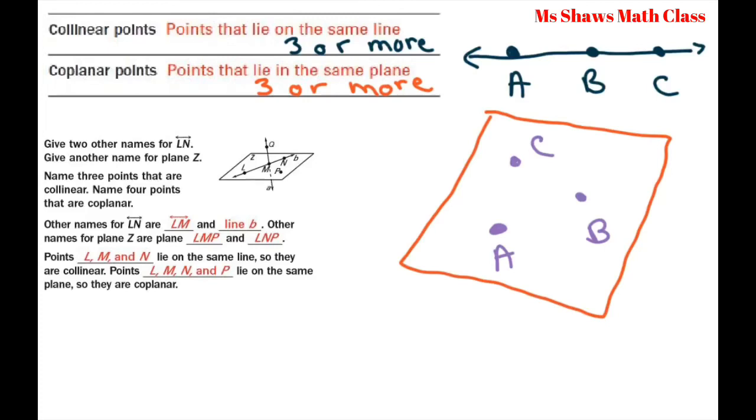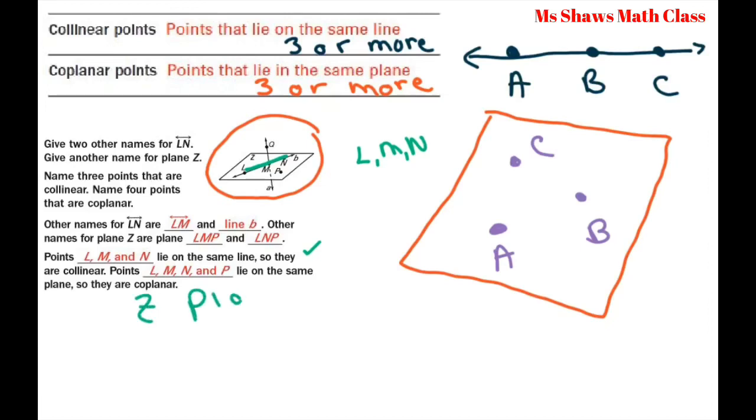If we look at this figure here, our colinear points would be this portion right in here, which is L, M, and N. And then for the Z plane, this is called the Z plane because of the Z. All the points there are L, M, N, and P. Now, if you notice this Q, it's outside the plane.